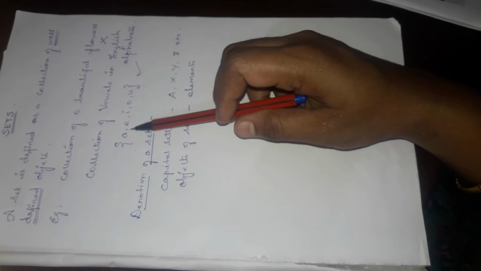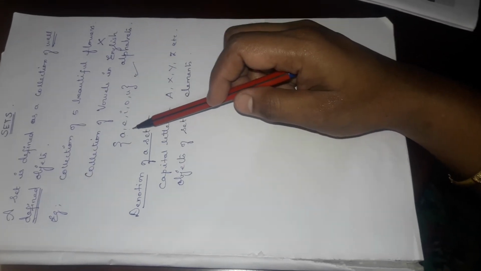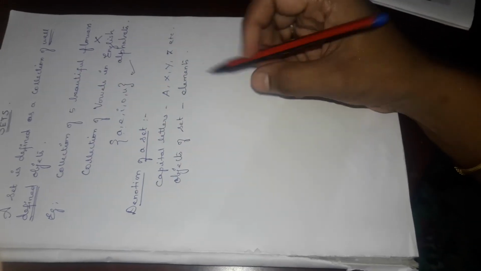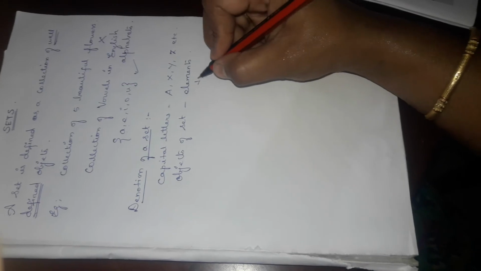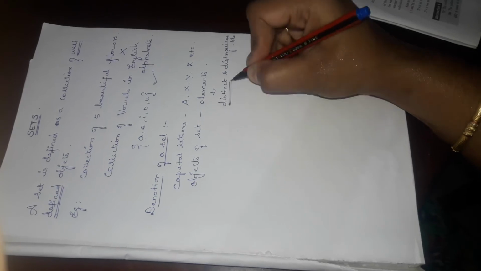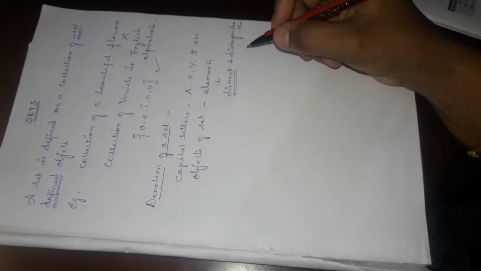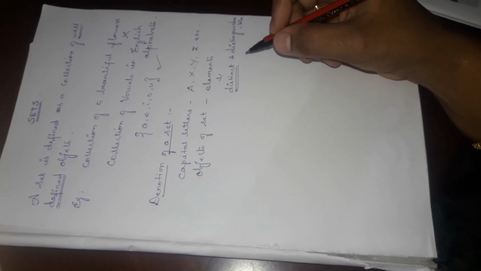If you take the above example, here A is an element of the set, E is an element of the set, I is another element of the set, and the elements of the set should be distinct and distinguishable. What is meant by distinct? Distinct means each element should be different from one another, or else none of the objects are repeated.